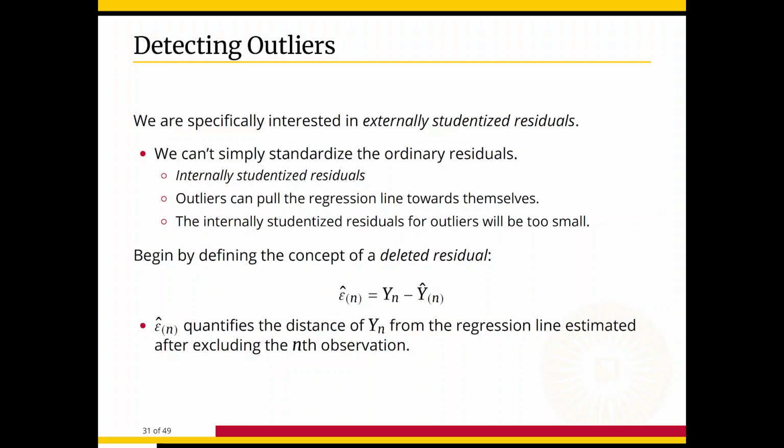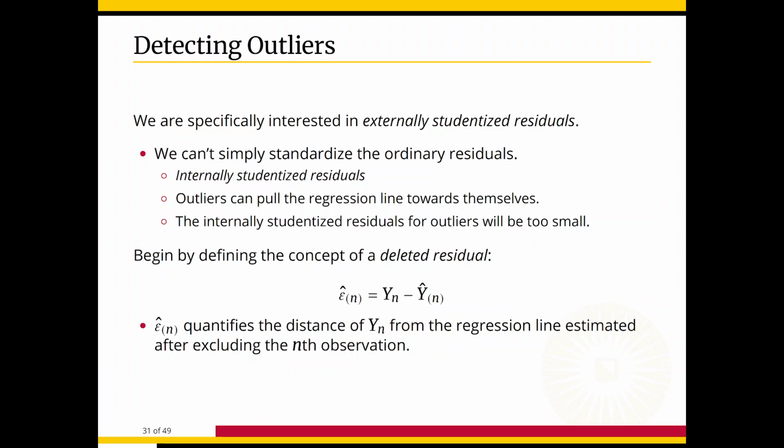That's the specific flavor of standardization we want to apply here. If we just apply the usual z-scoring, that would be internally studentized residuals. That's what we would be producing there. And those residuals are a little bit of a problem because if there are outliers in the distribution, those outliers will pull the regression line toward themselves.